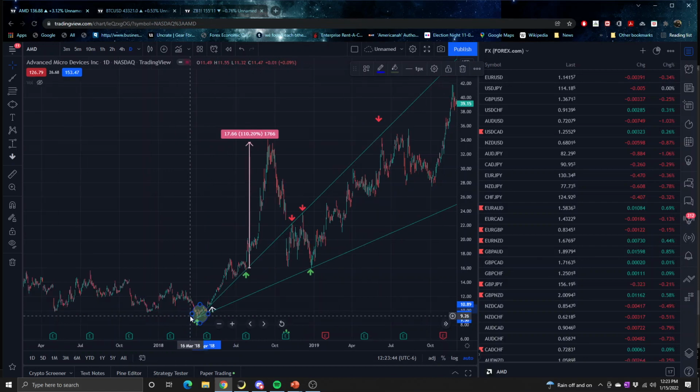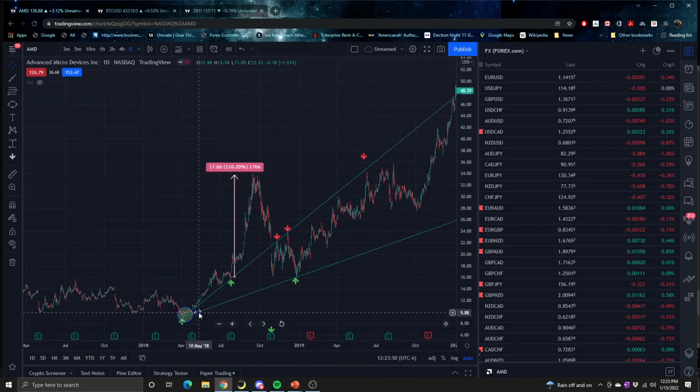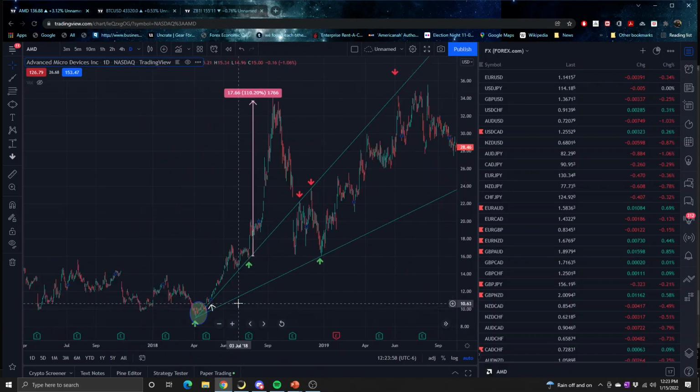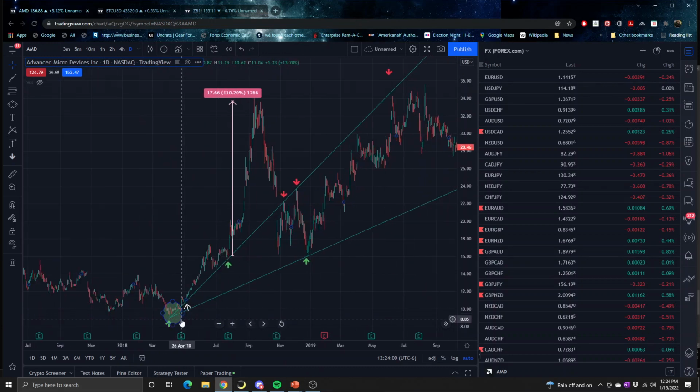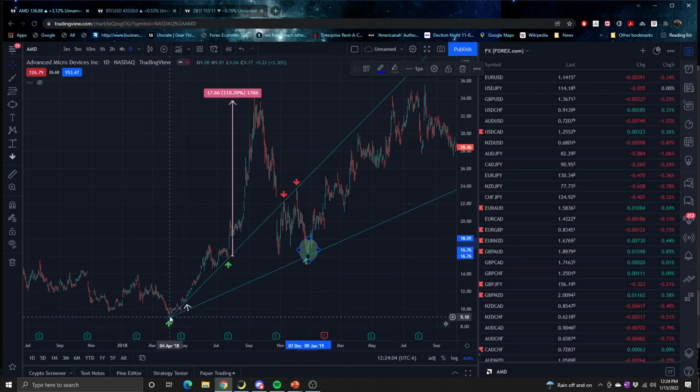I pick the next low, a low that happens to the right of this initial low point, where you can clearly see the market's going in an uptrend. But often I would try my best, if I can get this to move, to start instead here. We'll see how well this works in AMD.